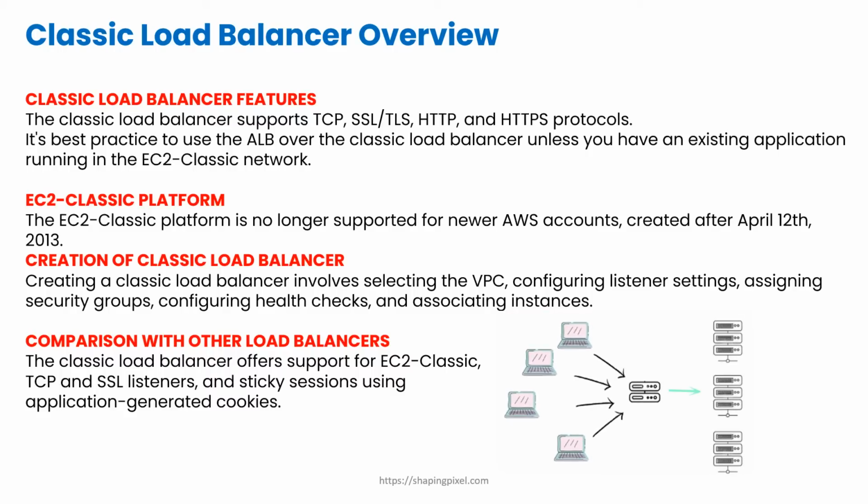The EC2 Classic platform is no longer supported for newer AWS accounts created after April 12, 2013. Creating a classic load balancer involves selecting the VPC, configuring listener settings, assigning security groups, configuring health checks, and associating instances. The Classic Load Balancer offers support for EC2 Classic, TCP, and SSL listeners and sticky sessions using application generated cookies.